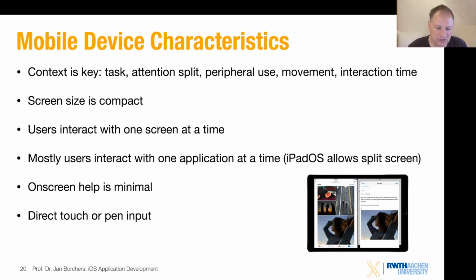And of course, the input is different, right? It's direct touch or maybe pen, which is very different from using the mouse. For example, if you've ever tried to hover over something on a smartphone or even on a tablet with a pen, it's hard, right? The pen maybe supports it, but you can't hover with a touch. It doesn't exist.